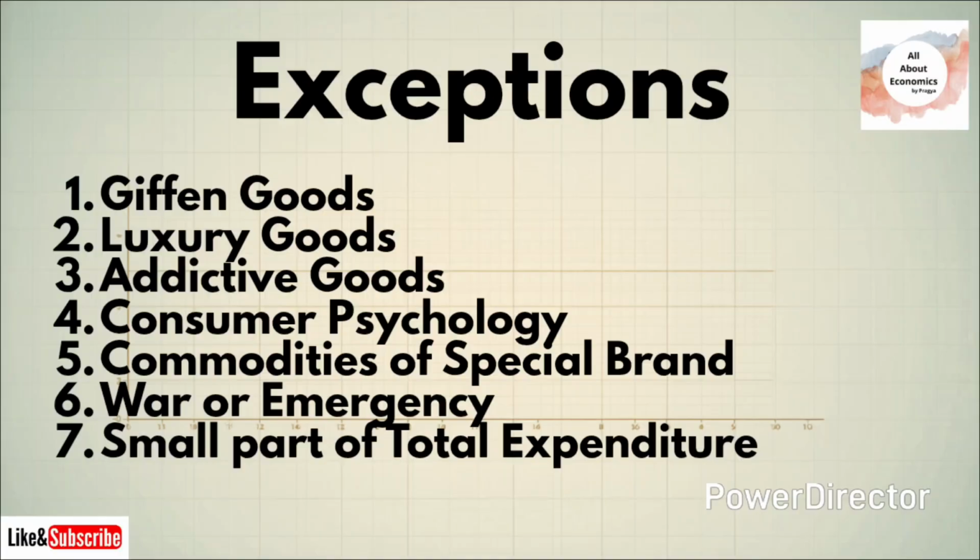What law of demand states is that if the price is increased, the quantity demanded must decrease. But in this case, if the price is increasing, the poor person cannot basically afford another product because the price has been increased. So he puts all his income in one product only, so that at least he gets sufficient quantity to consume it.